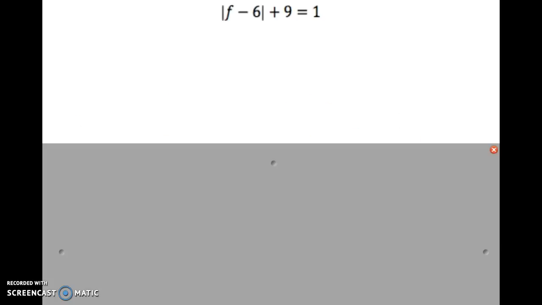Now, a couple words of warning. Let's look at this one. If we temporarily get rid of that absolute value, that gives us q plus 9 equals 1. We go through and do our math. We have to subtract 9.